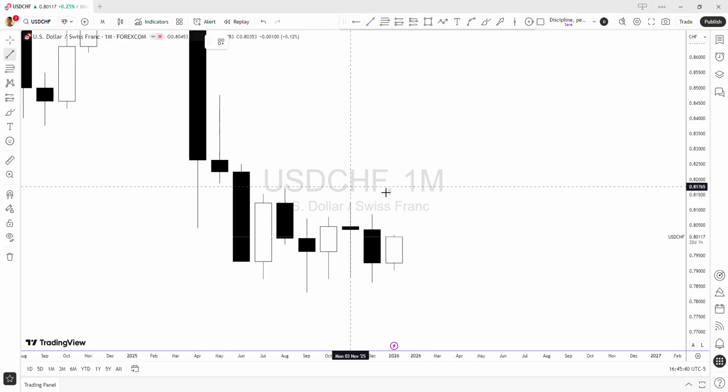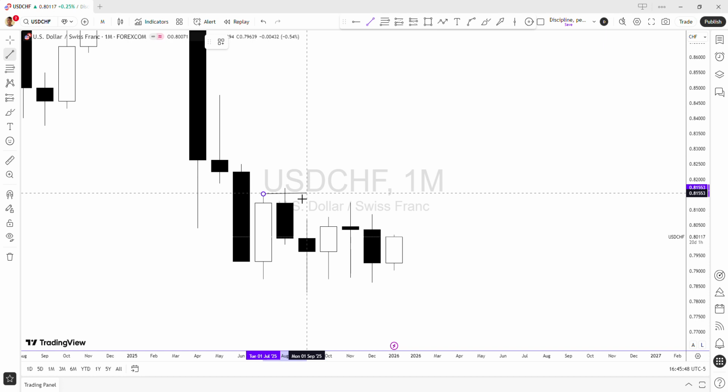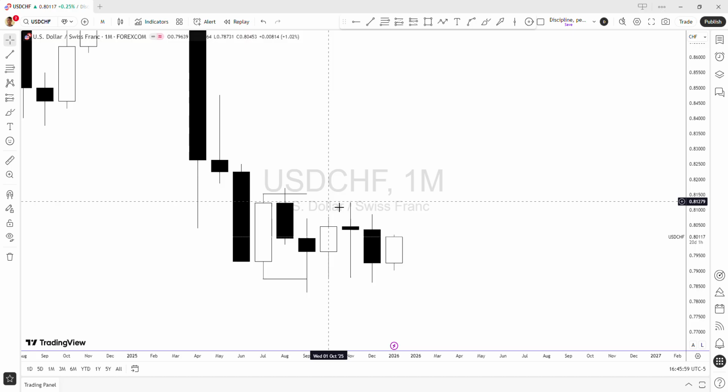This is a monthly time frame in the USD CHF chart. So let's pick out this high, this monthly candle, and this is its low, right? So pretty simple.